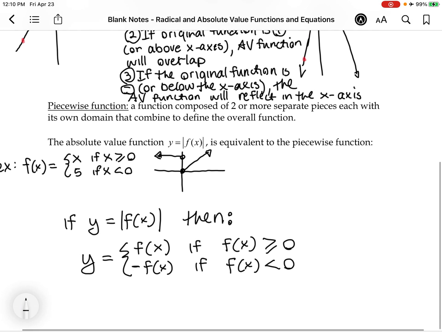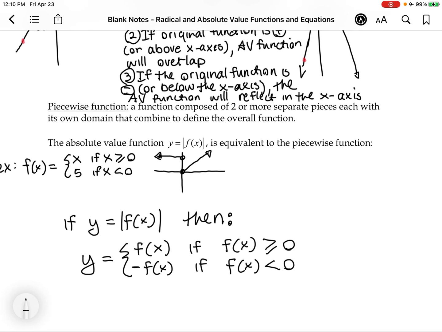Now, why is it negative f of x? Well, if f of x is less than 0, f of x is already a negative number. Let's say f of x is negative 5, okay? If I put a negative sign in front of negative 5, now it becomes negative negative 5. Now it's positive.